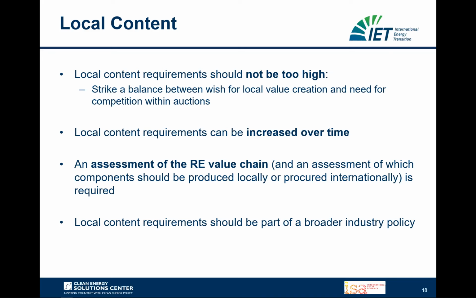When you take everything into account along the value chain, you can already reach relatively low local content requirements, let's say 20 to 30%, by installing the solar PV system and doing all the installation work and operational maintenance work nationally. And then you can increase these local content requirements over time in case you really see that a national industry is emerging and also the manufacturing sector is willing to move to your country.